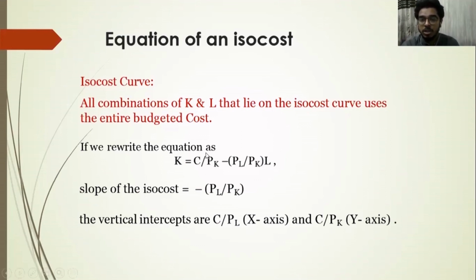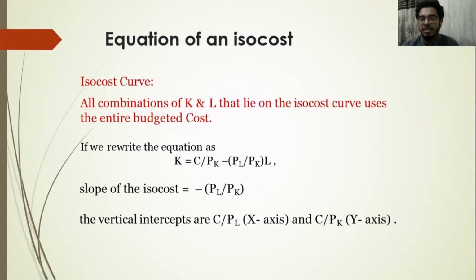The budget is constant, the prices remaining constant, only the labor and capital are varying. So if the labor changes, how much change will take place in capital is determined by this coefficient, and this is nothing but the slope. That is the ratio between price of labor and price of capital.